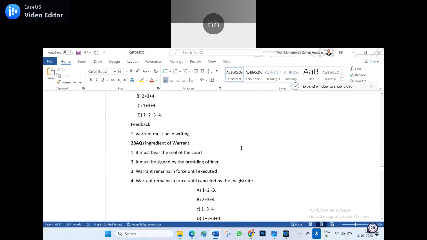Number 1, it must bear the seal of the court. 2, it must be signed by the presiding officer. Number 3, warrant remains in force until executed. 4, warrant remains in force until cancelled by the magistrate. So the options are A, 1 plus 2 plus 3, B, 2 plus 3 plus 4, C, 1 plus 3 plus 4, D, 1 plus 2 plus 3 plus 4. Shoot.